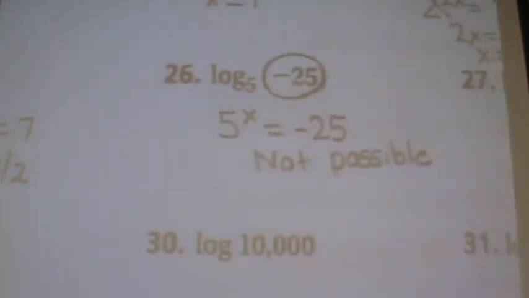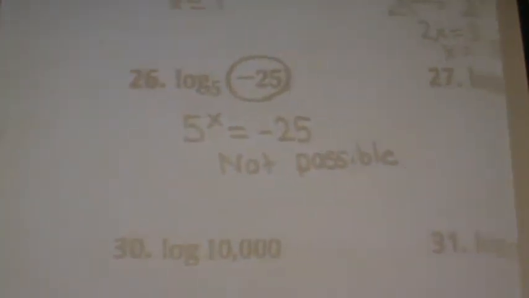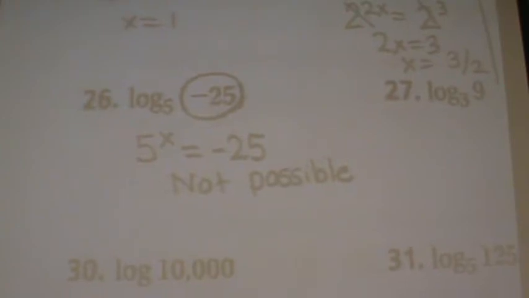It's not possible. You can't do this problem. This number cannot be a negative or a zero, ever, ever, ever. So that's a no solution. Or a zero, you said? Or a zero. Yep, you'll never get that to be a zero. It can be a 1, but it can't be a 0.